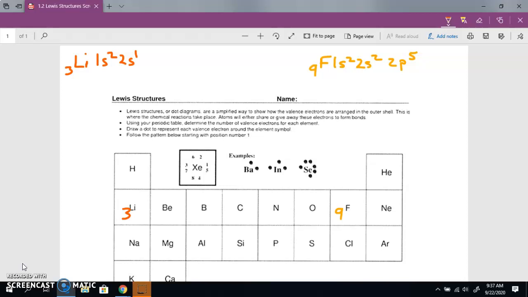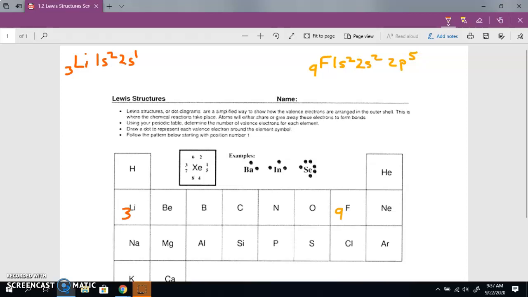So you can see to begin with, I've got lithium, I've got its complete electron configuration right here. Lithium is a main group 1 element and it's got 3 total protons and therefore 3 total electrons. Here's its electron configuration.